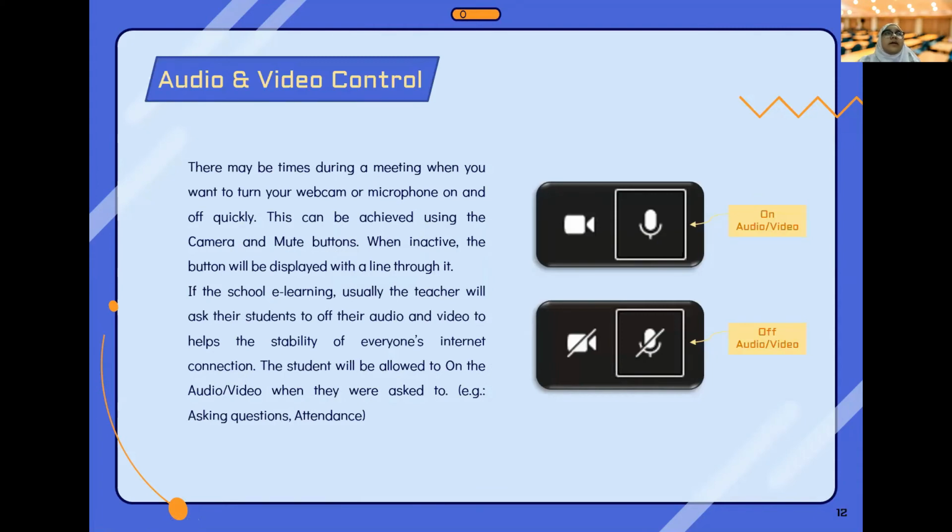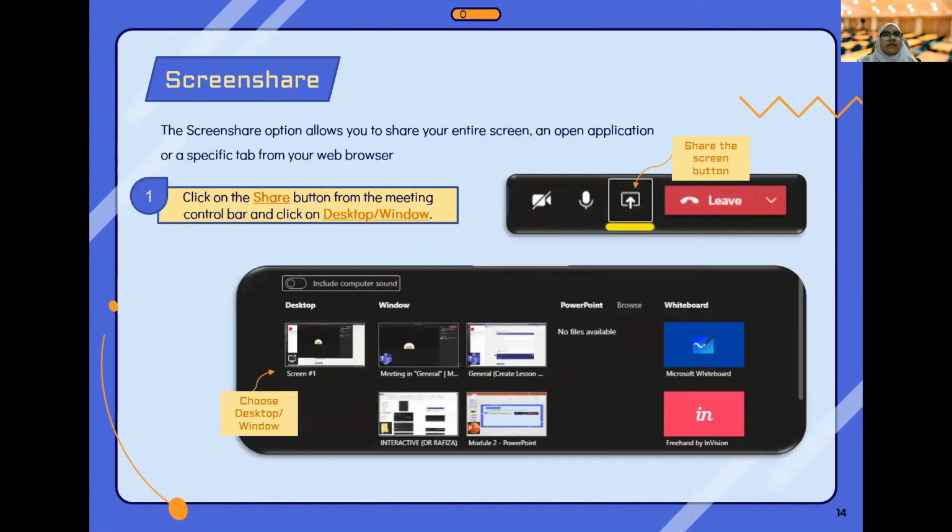So for screen sharing, there are many options. You can choose how to share the screen. The first one is to share the screen of your desktop. The second one, you can share the screen of your PowerPoint. If you want to present, it is better to choose present PowerPoint. And the last one is whiteboard, which is like the Jamboard in Google Meet.